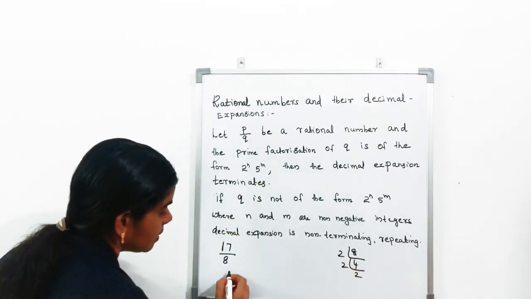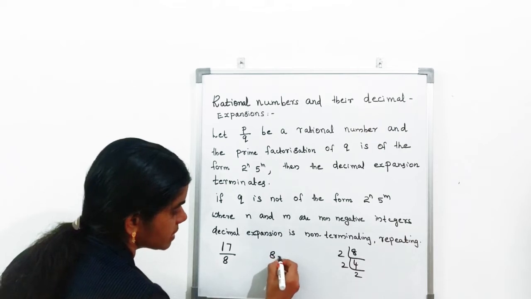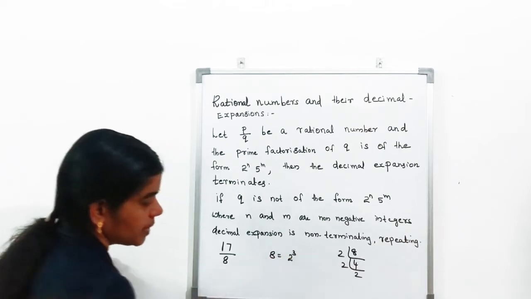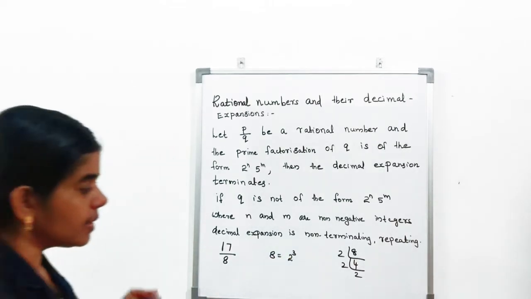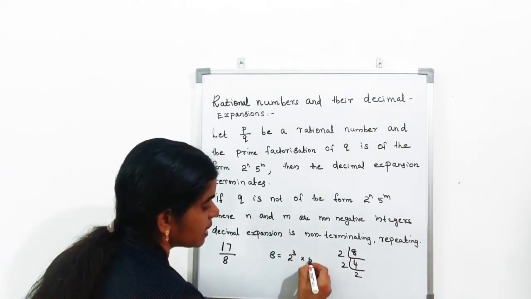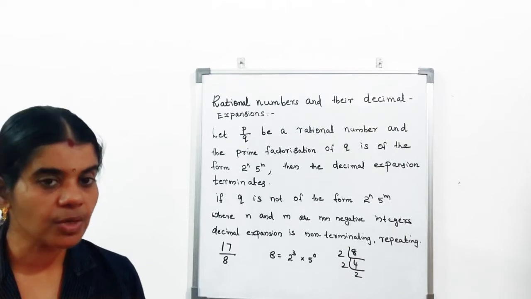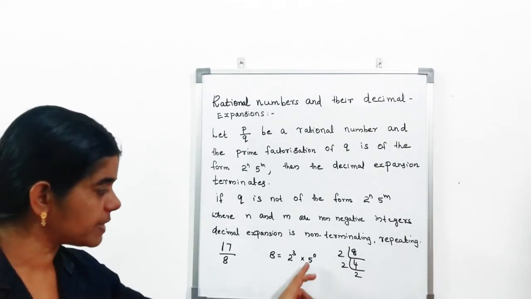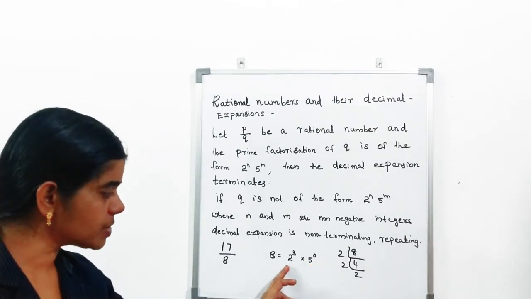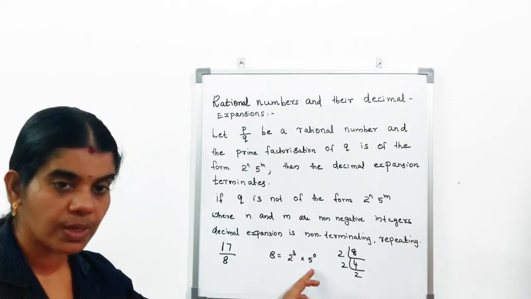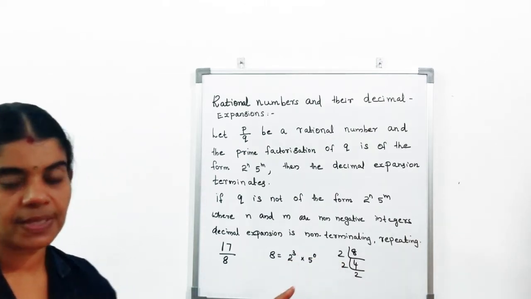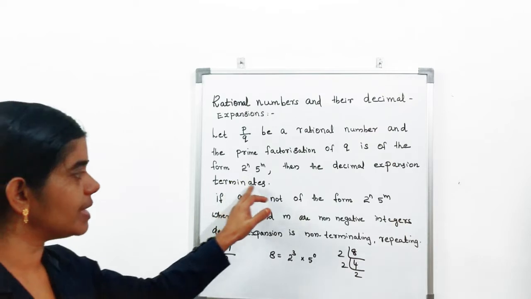That means the denominator 8 is equal to 2 cubed. Here 2 only, but we can write this as 5 raised to 0 also. Any number raised to the power 0 is equal to 1. Therefore 5 raised to 0 means 1. Then 2 raised to 3 into 5 raised to 0, that is 2 cube itself. Then this is also a terminating case.